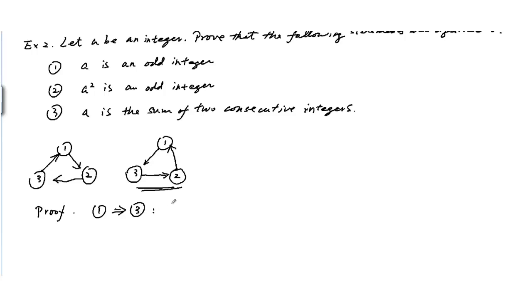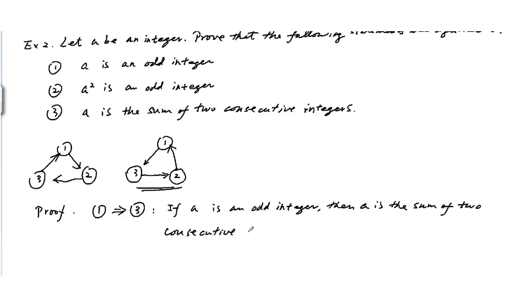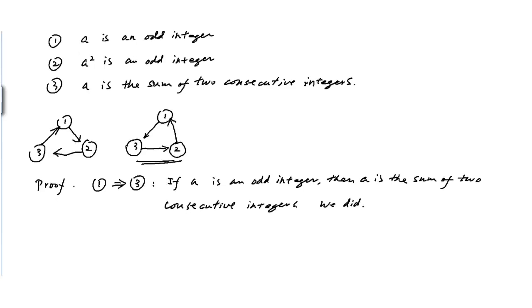That is, if a is an odd integer, then a is the sum of 2 consecutive integers. This one we just did, and we do not need to repeat here.